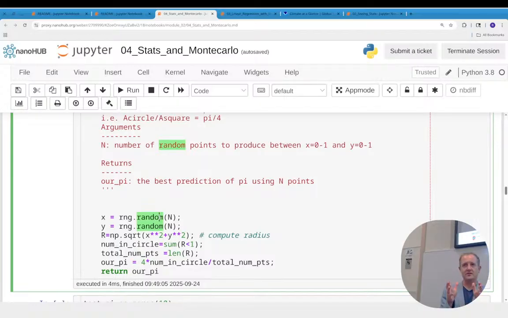You can't say, just give me an x, y that are both the same random number, because then it would just create a straight line. Find the radius, square root of x squared plus y squared. Number in the circle: if r is less than 1, it's in the circle. And total number of points, they're all within the square. So the square area is based on the total number of points.